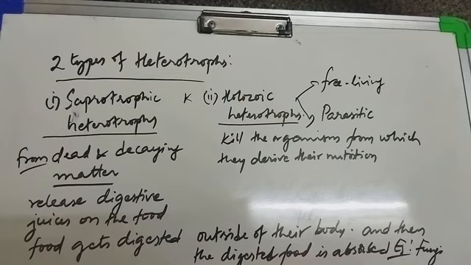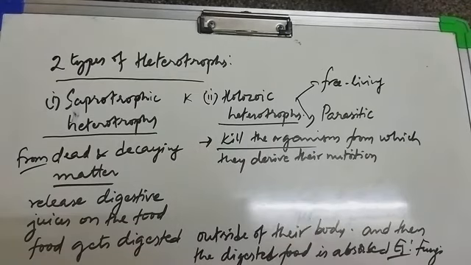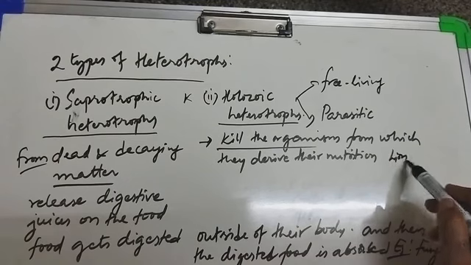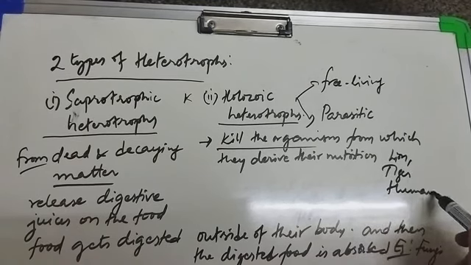So for herbivorous, killing the organism is exceptional. But for carnivorous, it is 100% correct. Examples: lion, tiger, humans, etc. These are all free living heterotrophs.